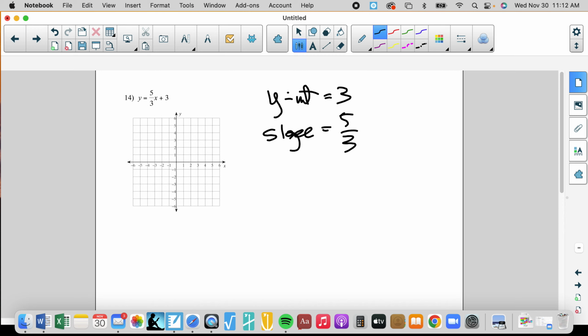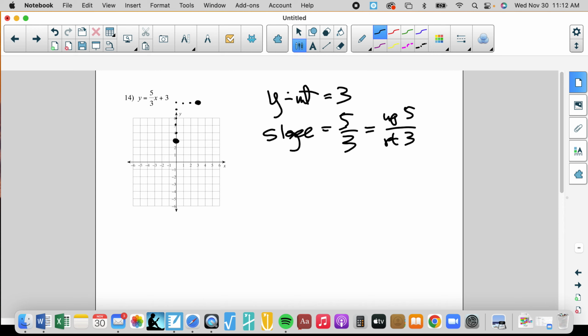So we plot our y-intercept at 3, and then my slope, 5, means up 5, right 3. Right is positive. This is +5 over +3. So we're going to go up 5, 1, 2, 3, 4, 5, and then right 3, 1, 2, 3. So that point is right there.